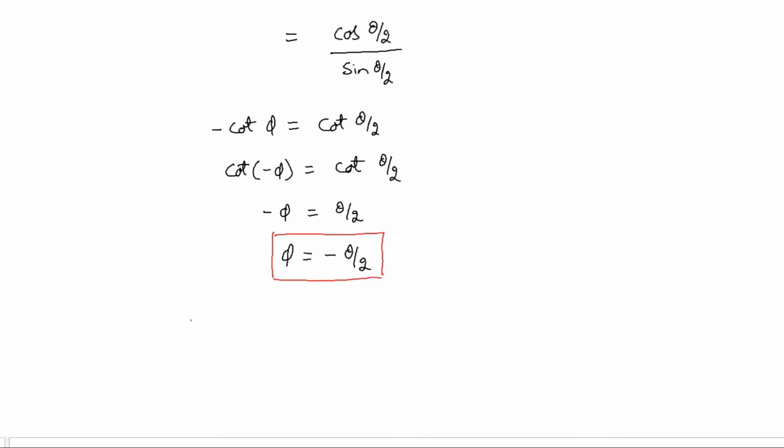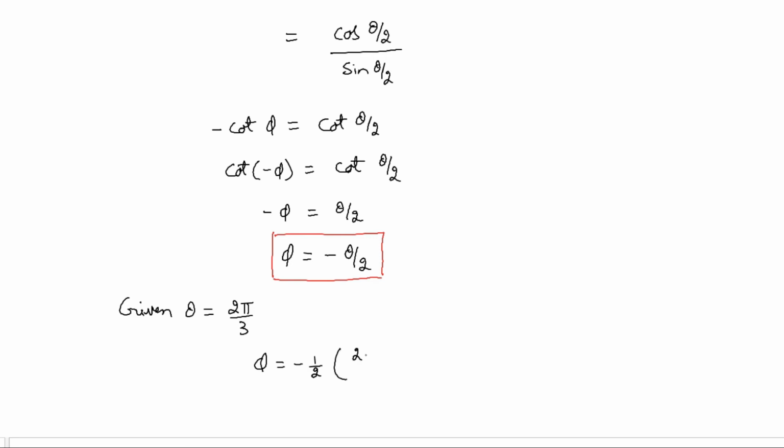Go back to the question. Given the value of theta to be equal to how much? It is 2 pi by 3. If theta is 2 pi by 3, what will be the value of phi? So I can write minus half common outside. It is minus theta by 2, which can be written as minus half times theta.